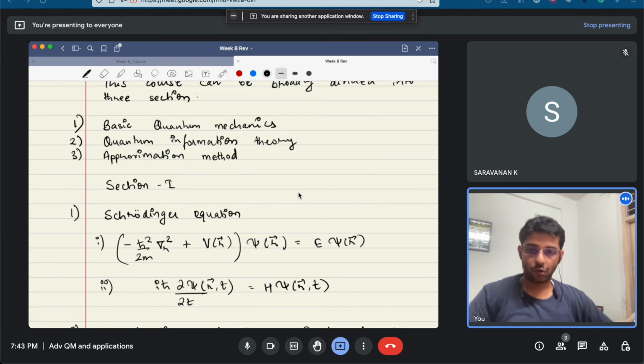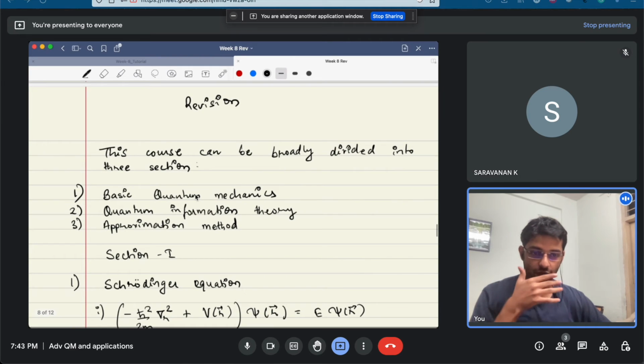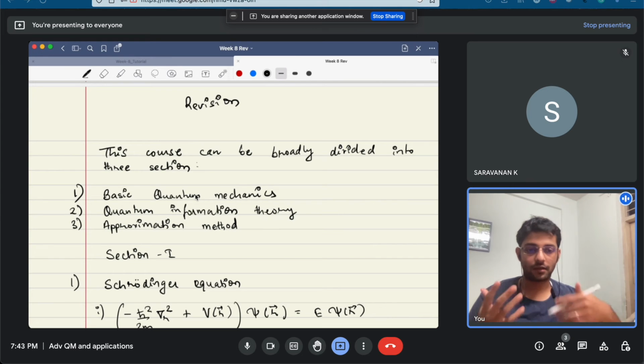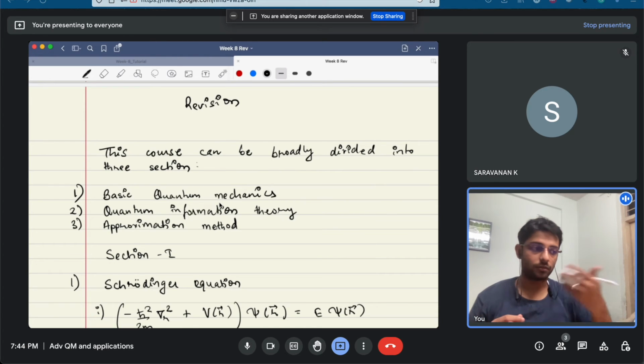Okay, so I have broadly divided the recap into three sections. The first part was on basic quantum mechanics, where we learned about the Schrodinger equation, the coherent states, the angular momentum operator and spin operators. The second section deals with quantum information theory, where we essentially learned about quantum entanglement, how one teleports a qubit from one place to another place, and what these quantum gates are.